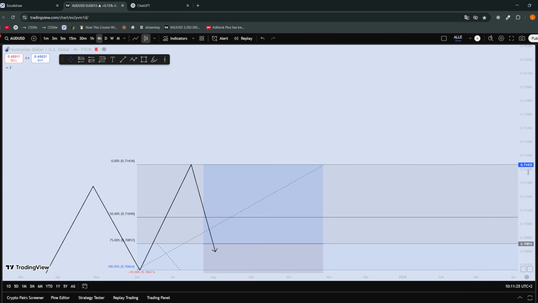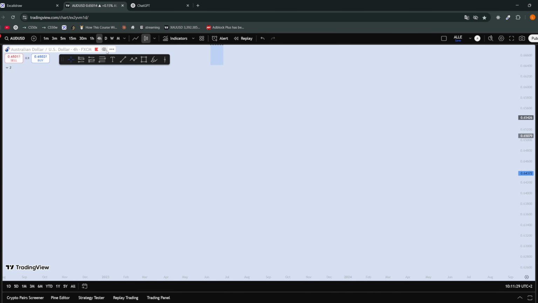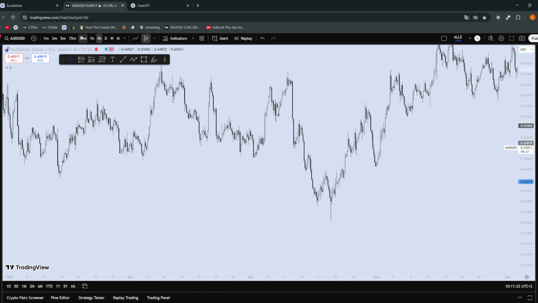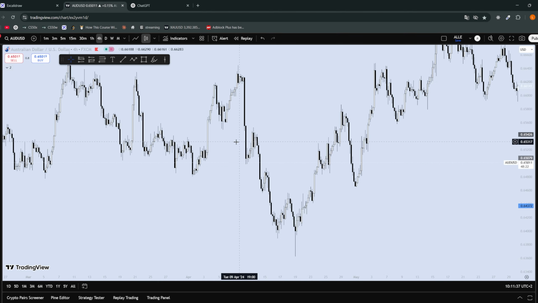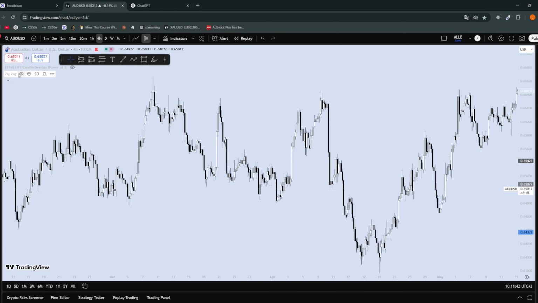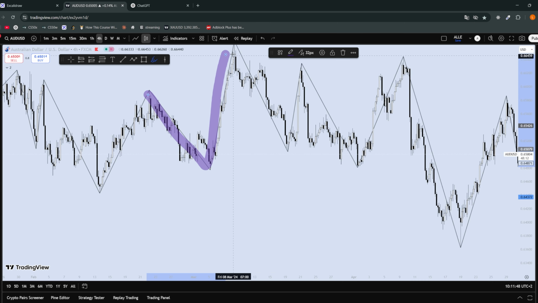Another example, maybe let's look at it in the chart so we can get a better idea. We are on the 4-hour time frame on AUD/USD. This will be, for example, a trade. So look how the market is moving, up and down.